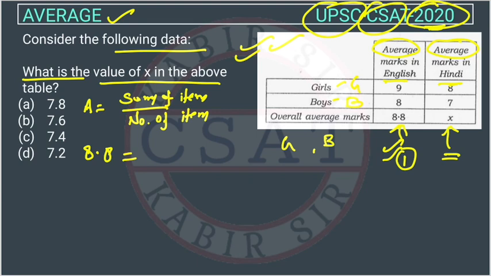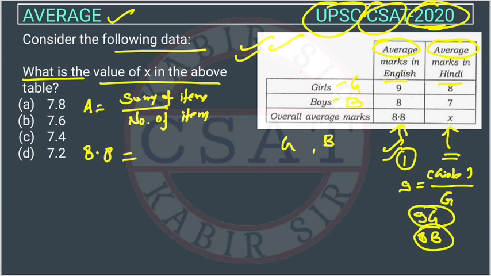So they have given the average marks in English for girls. So these are all girls, and here will be the sum of girls, and the total number of girls is G. So the sum of girls will be 9G. Similarly, the sum of boys will be 8B, right?